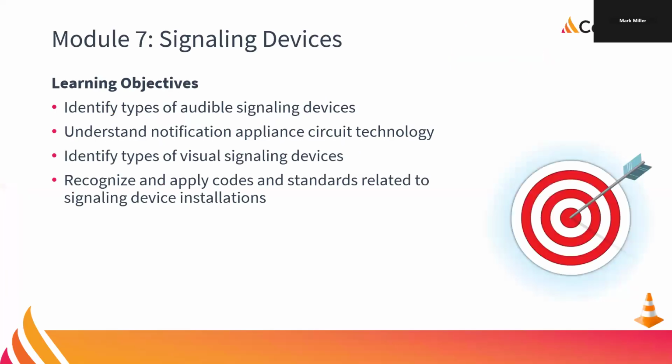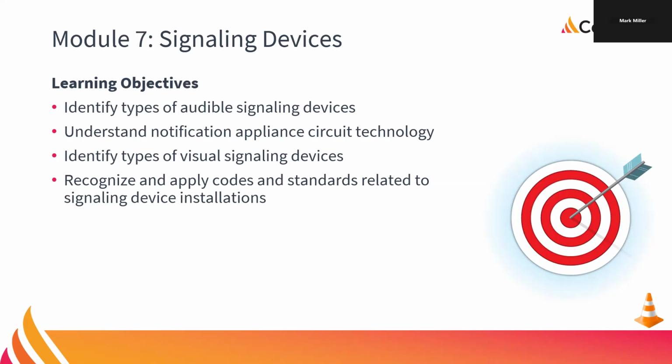So our signaling devices. We have various types of audible signal devices. We have various types of visual signaling devices. There's not really any other types of signaling devices out there yet. We don't have any smell-o-vision stuff happening or anything like that. There's nothing that's being injected directly into our brains.